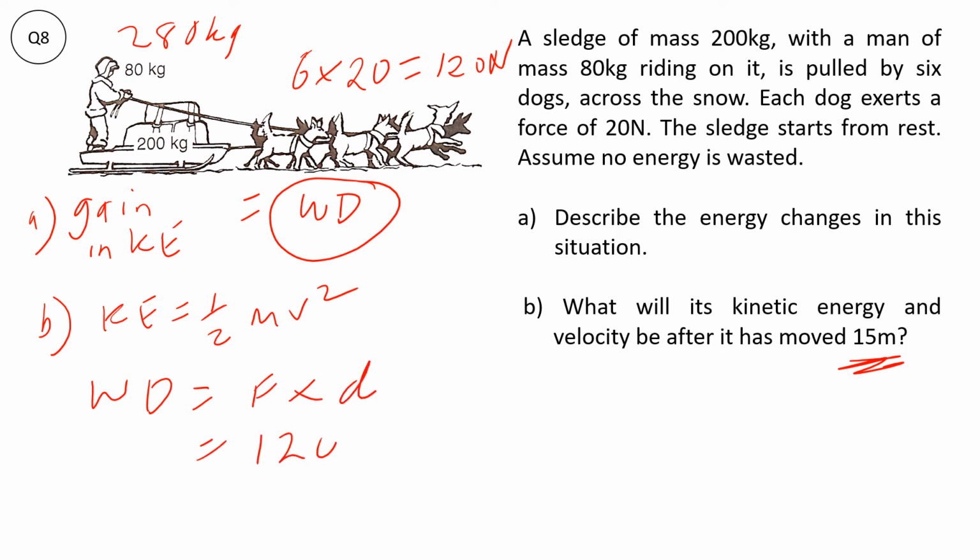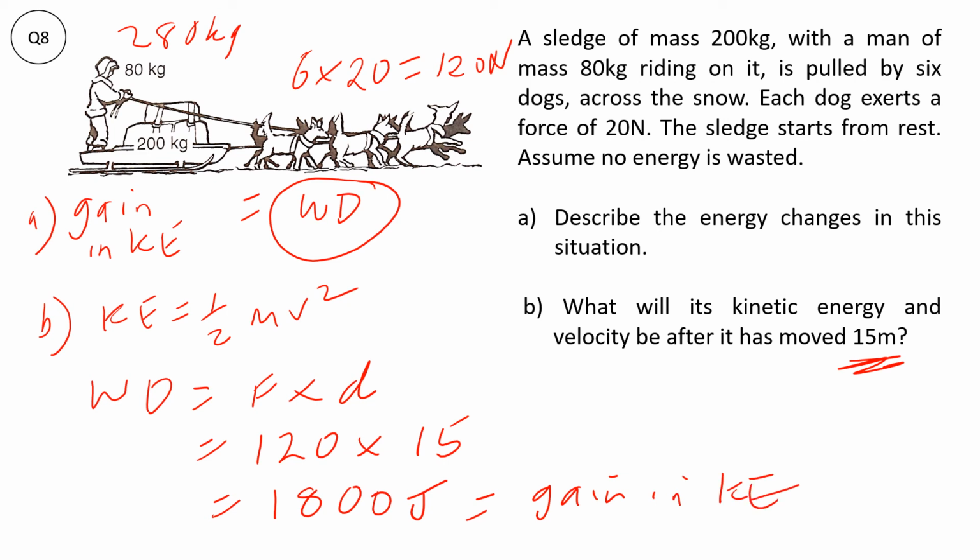Well, that's 120 times 15, which equals 1,800 joules. And that is equal to the gain in KE. Now we could take this further and work out the final velocity of the sled, but the question doesn't ask it, so we'll just move on.